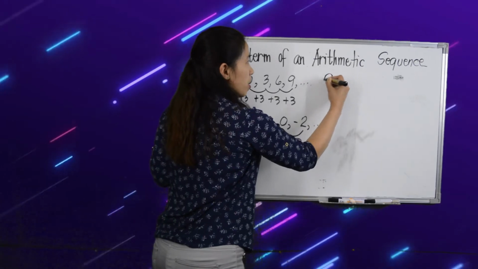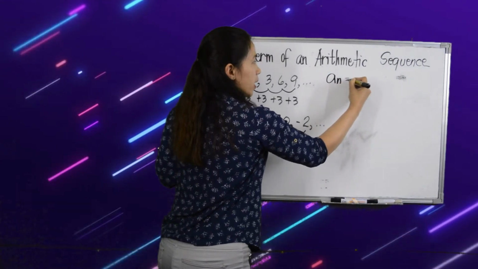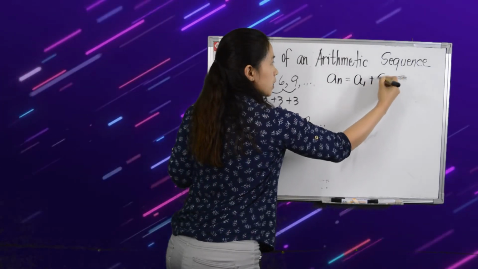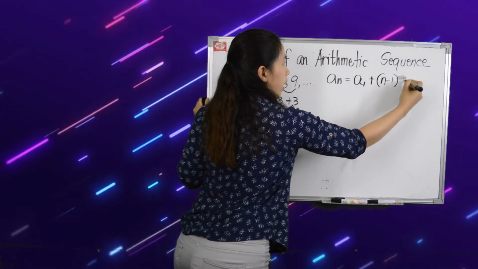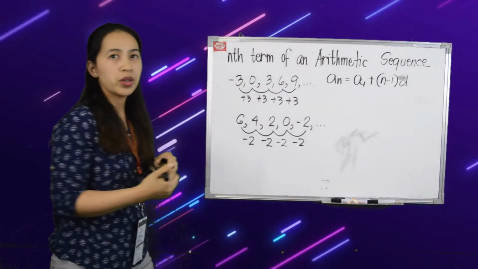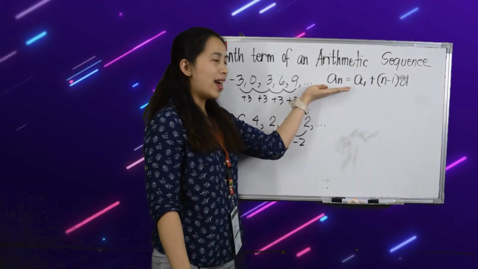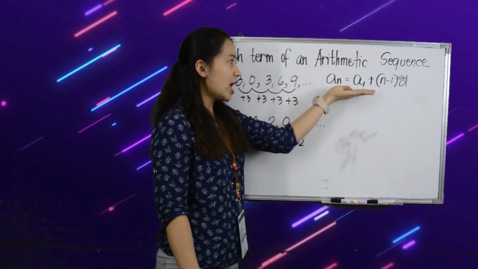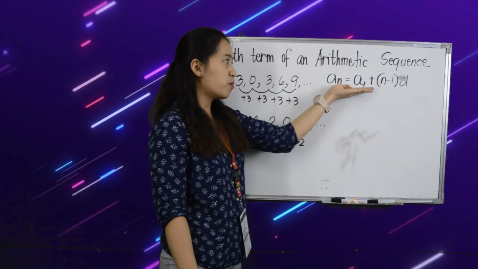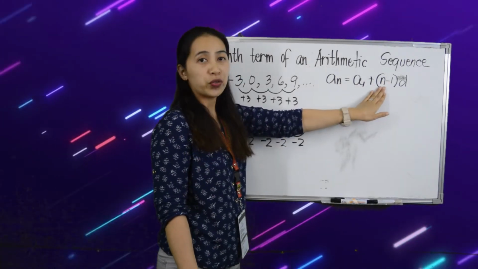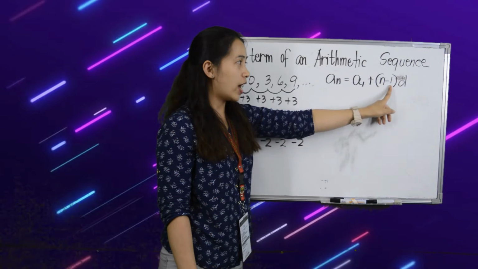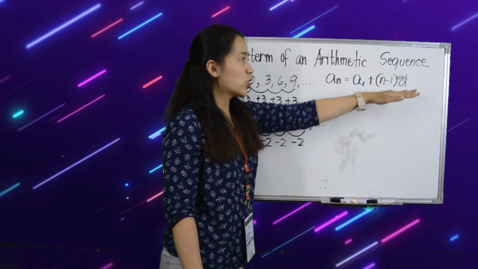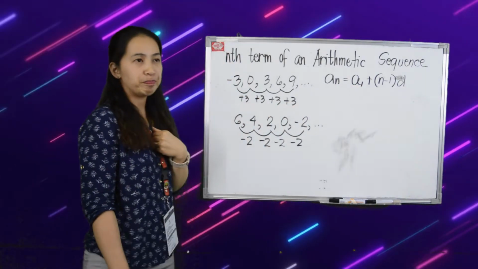Yes, it's given by the formula a sub n is equal to a sub 1 plus the quantity n minus 1 times d, where a sub n stands for the last term of the sequence, a sub 1 is the first term, n is the number of terms, 1 is a constant, and d is the common difference.